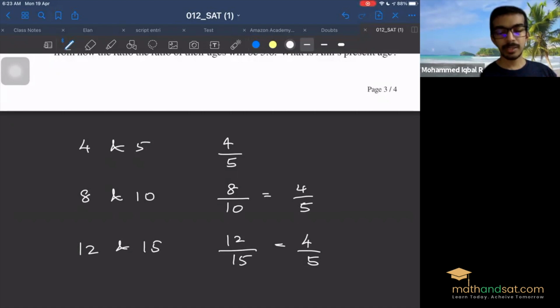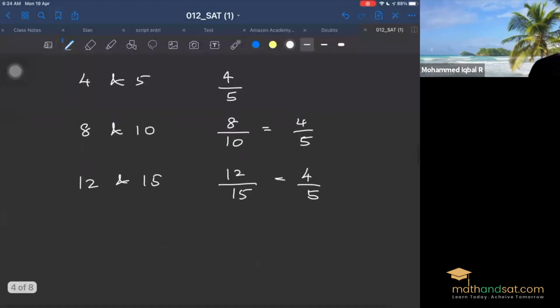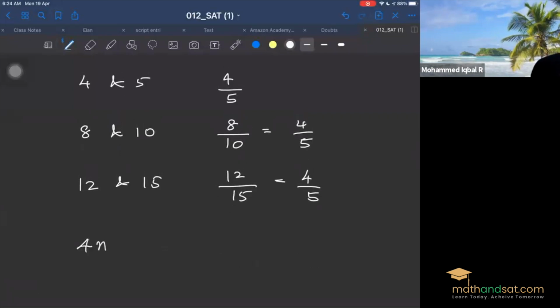Tell me, please. I would like to get a response. Yes. So in general, we don't know which multiples of 4 and 5 are chosen for the time being. So we are going to choose them as 4 times n and 5 times n.